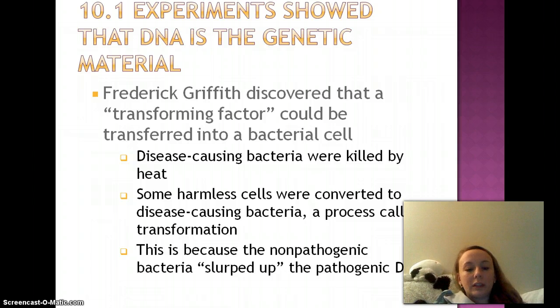And what we call this process is transformation. That's a very, very important word, transformation. So that harmless, non-pathogenic bacteria slurped up that DNA from that pathogenic bacteria. So it slurped it up and became possessed and was a bad bacteria.